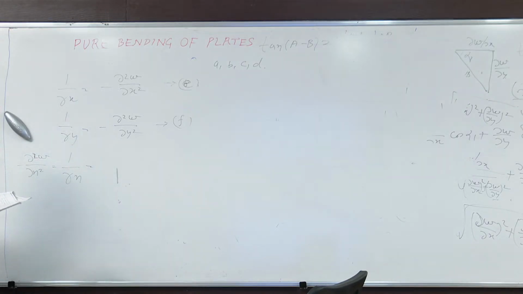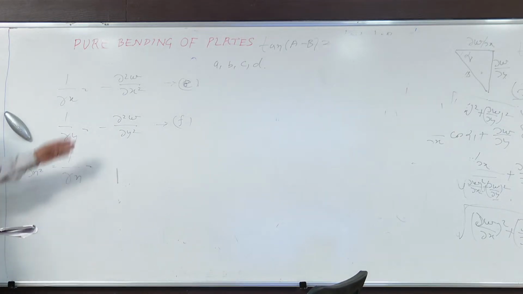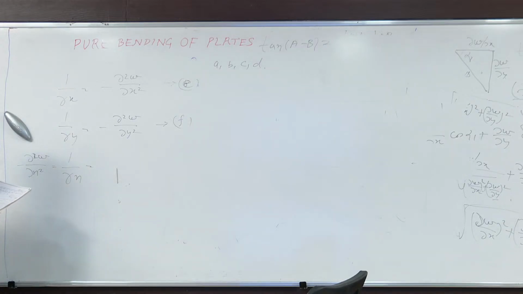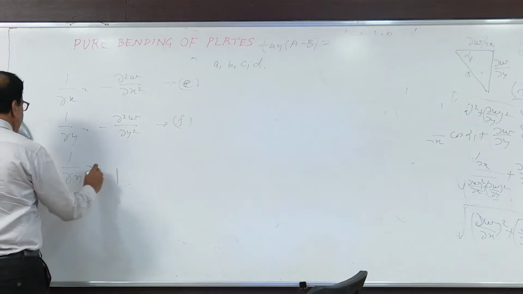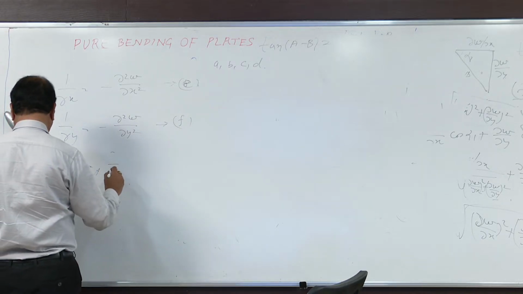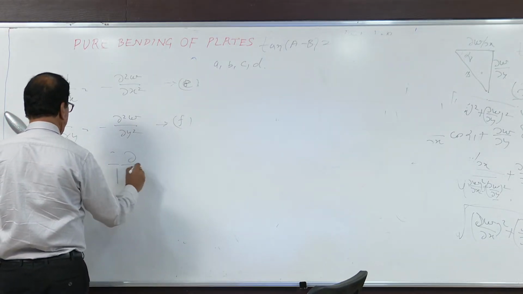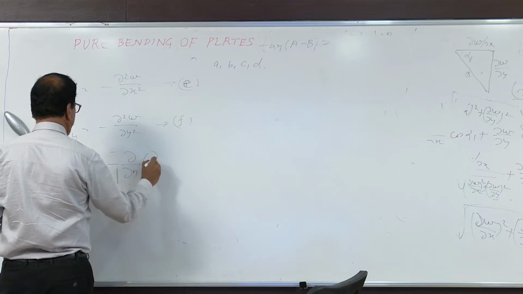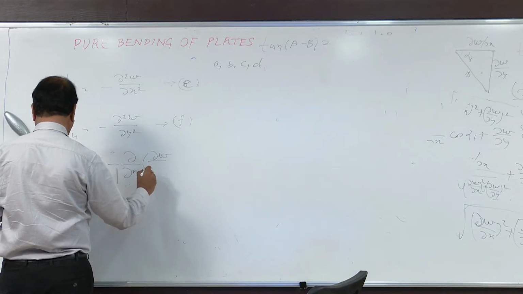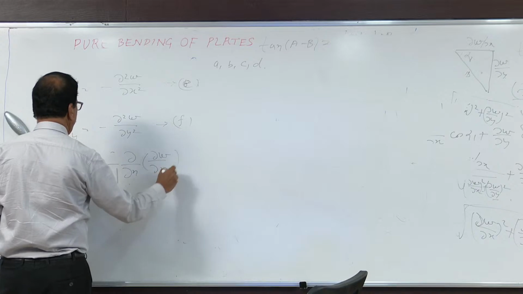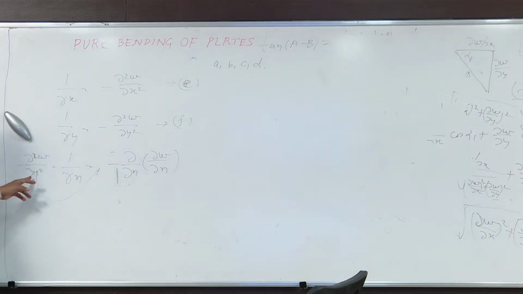Del square W upon del n square, like this. You can write this as minus del square W upon del n square. Here 1 upon r is 1 upon Rx, 1 upon Ry, and in any direction n it is 1 upon Rn.